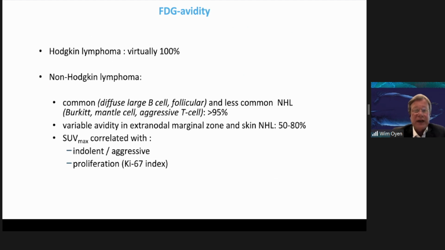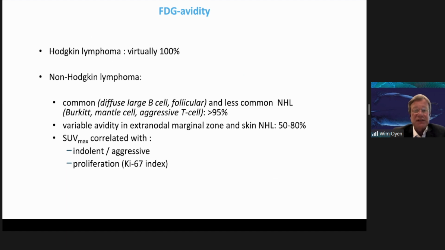Dr. Meyerhofer already described the FDG avidity of the various lymphoma subtypes in much more detail. Here, as a short reminder, the Hodgkin's lymphomas are virtually all FDG avid.